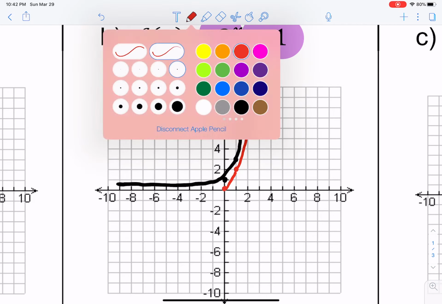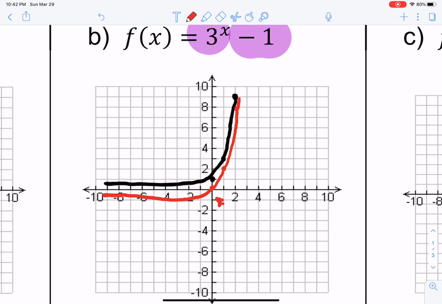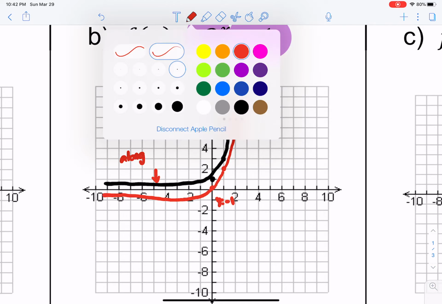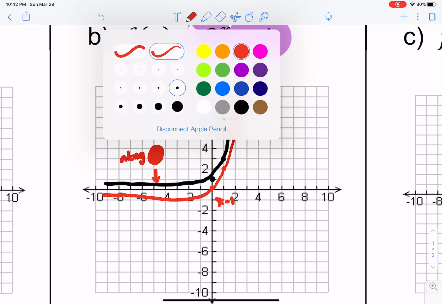The red line is actually going to go along y equals -1. The reason being, of course, we are subtracting it by 1 here. The asymptote is along the... whoa, what's happening?